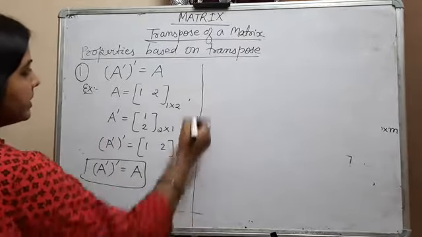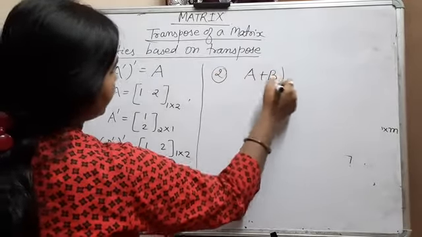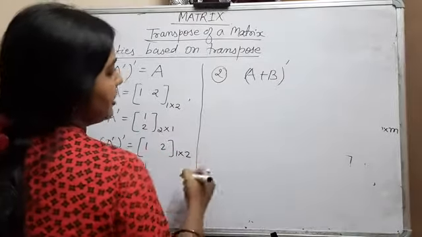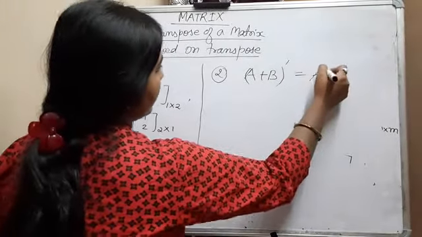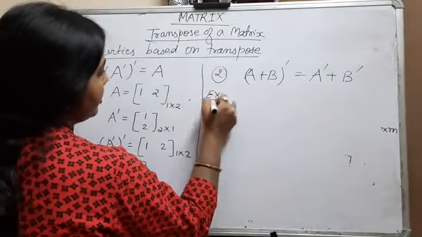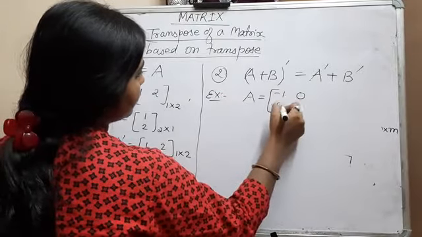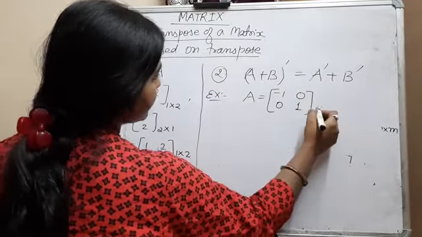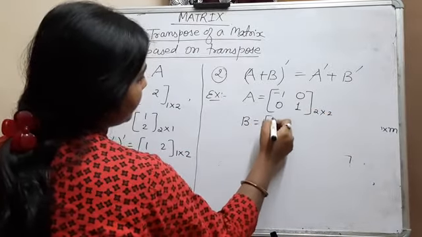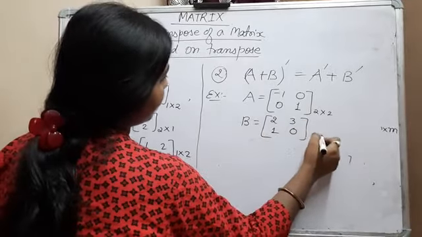Now the second property: when we take two matrices with an addition sign, A plus B, and then find the transpose, this is A dash plus B dash. For the example, matrix A is minus 1, 0, 0, 1, of 2 by 2 order. Matrix B I have taken is 2, 3, 1, 0, again of 2 by 2 order.